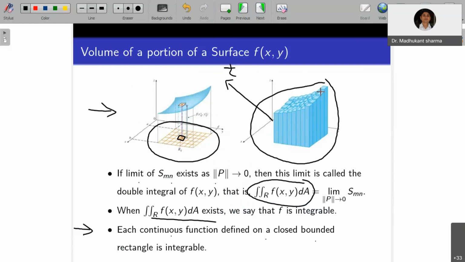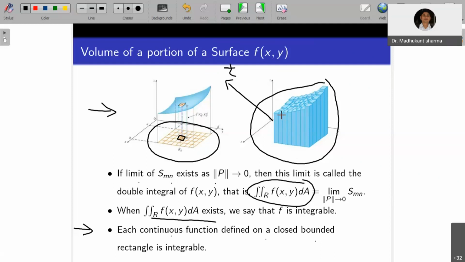Now you can talk about rectangular cubes instead of rectangles. In each direction you will again be partitioning, so in the partition you will be observing very small rectangular cubes.